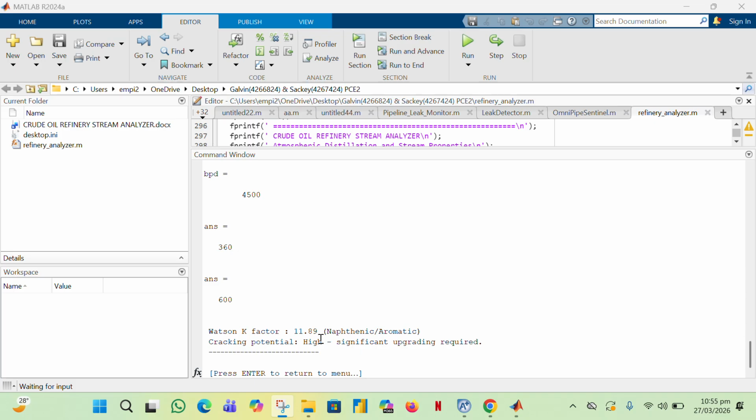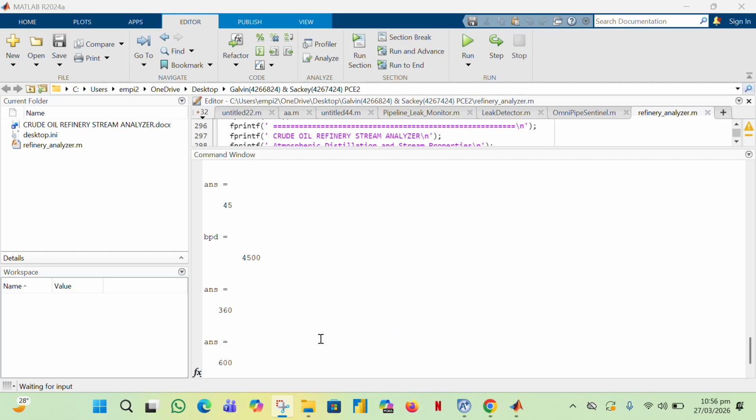And when the Watson K factor is greater than 12, the crude oil is paraffinic, meaning it is easy to process and it's valuable. And when it is less than 12, it is naphthenic or aromatic, which means that it is difficult to process and it gives more residue as a product, and it is not really valuable because it doesn't give you more of the product you are seeking.